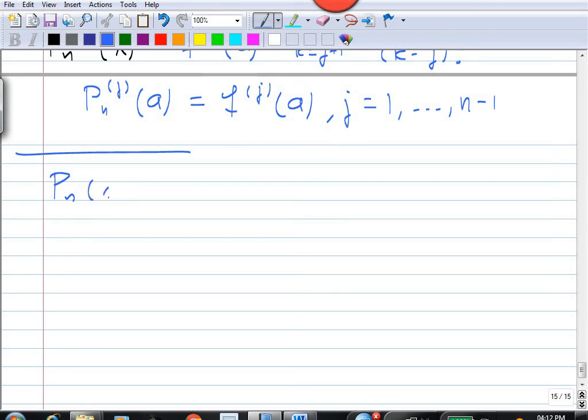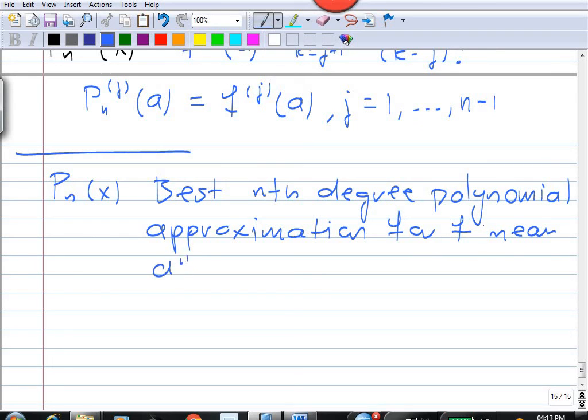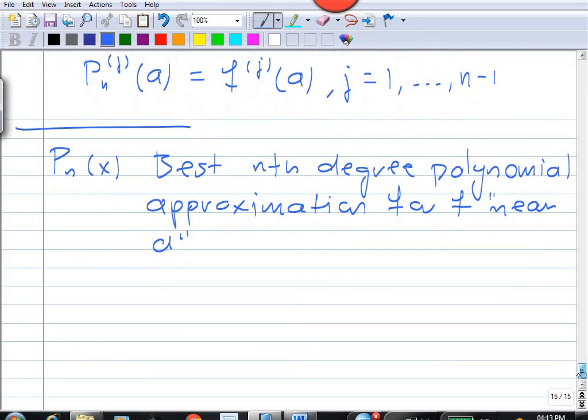So P_n(x) is the best nth degree polynomial approximation for f near a.